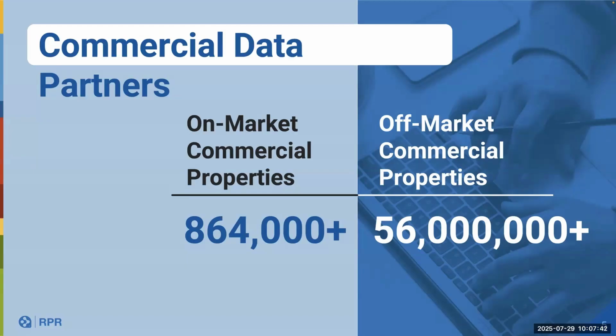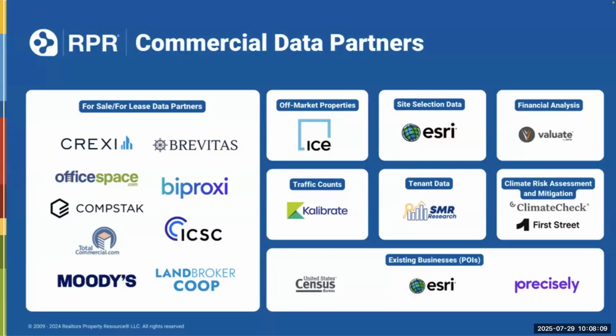We have over 56 million commercial parcels in RPR. And through our on-market commercial data partners, we have over 860,000 properties that are indicated to be for sale or for lease in RPR. So let's talk a little bit about our commercial data partners.